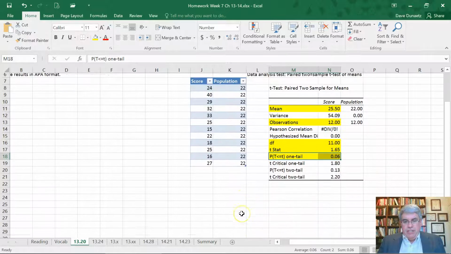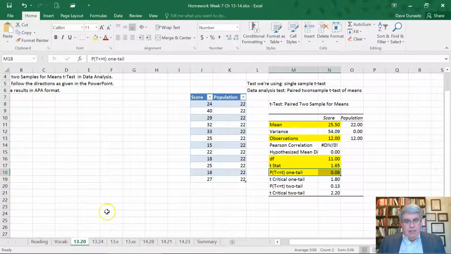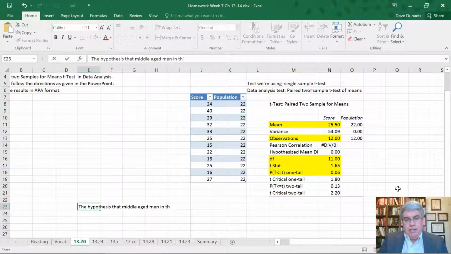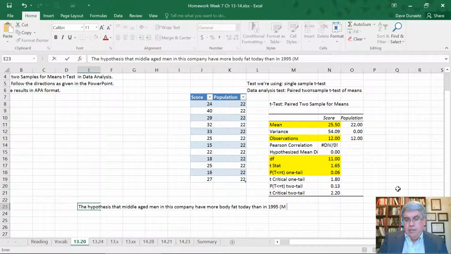So how would we write this up? We can say the hypothesis that middle-aged men in this company have more body fat today than in 1995, where the mean equals 22%, was not supported.